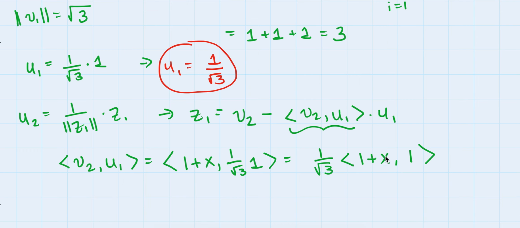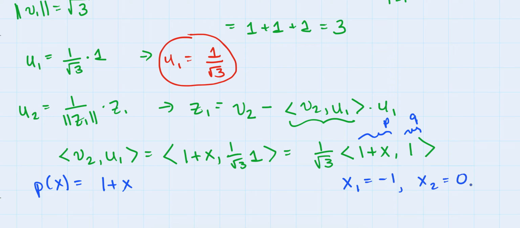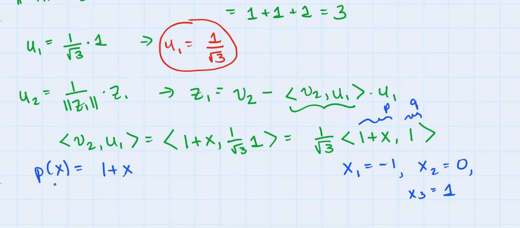Okay, and now we want to take the inner product of these two, which means we need to figure out if p of x is equal to this polynomial 1 plus x. So this is our p here, and this is our q. We need to plug in those three values into p. So our values were x1 is -1, x2 is 0, and x3 is 1. Let's plug in those three values into this polynomial. So p of -1 is 1 minus 1, which is 0.